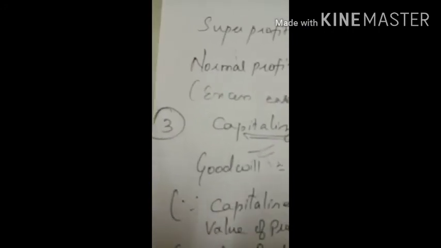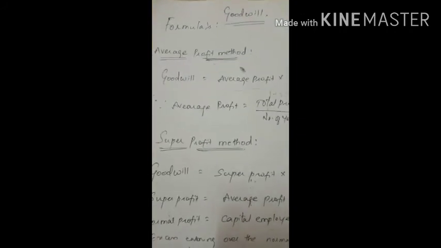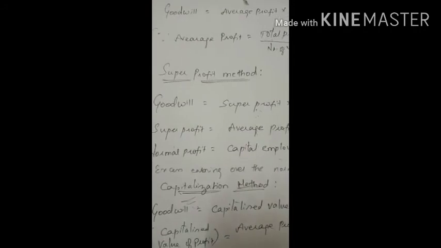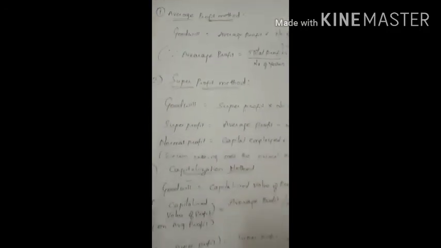When you deduct that amount, you will get the real value of the goodwill. These are the three methods of calculating value of goodwill. One is the average profit method, second the super profit method, third the capitalization method. So we have to go through the formulas before calculating the value of goodwill.